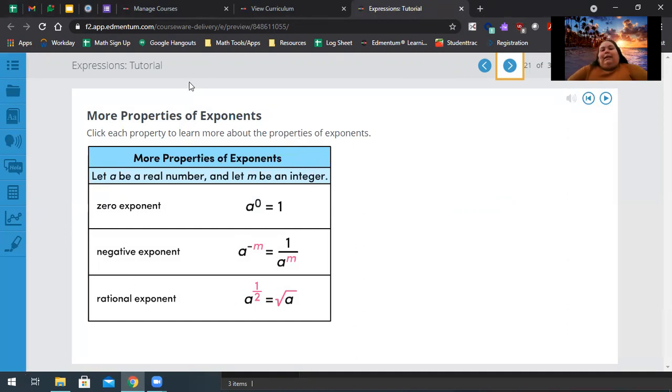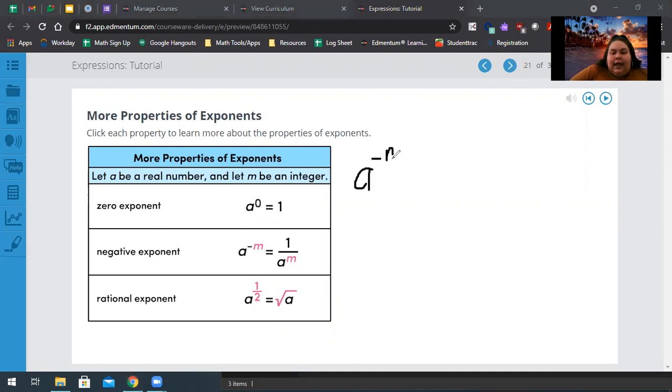So let me again provide an example of how we would see that. So a to the negative m power is what the property is saying. And if you think about it, to get this negative m into a positive, you do 1 over a to the m. So this is technically above a fraction line. So when you see a negative exponent, you're going to see, what is it attached to? What's the base?